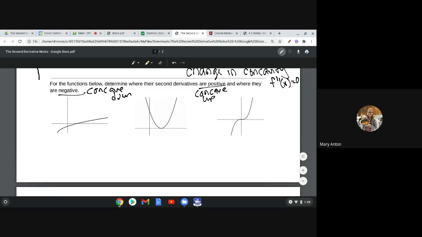Take a look at this first graph. Concave up, concave down. Do we switch? Is it both somewhere? Yeah, it's concave down the whole time, right? So this first one is concave down. This means for all x on the graph, what's our second derivative, positive or negative?